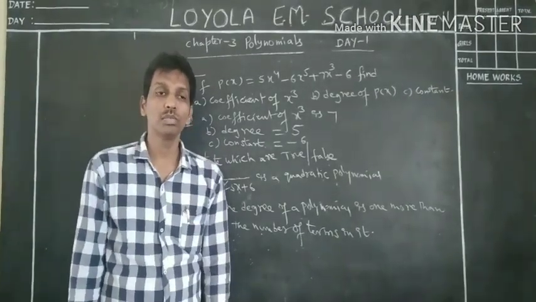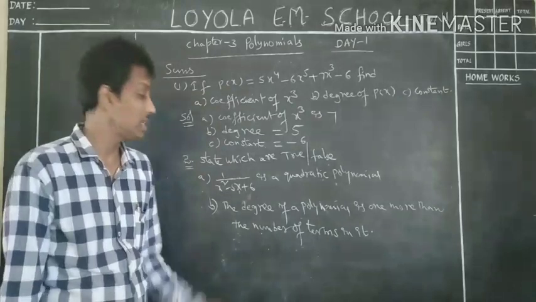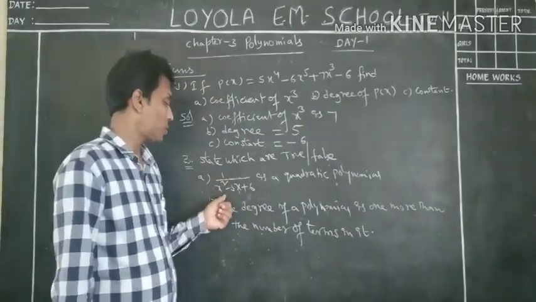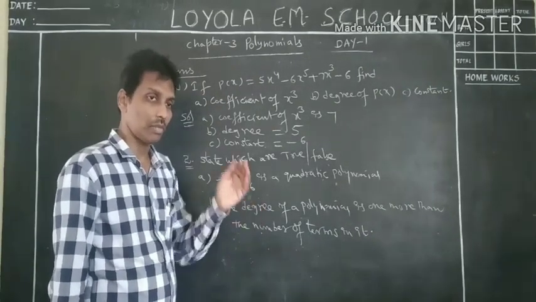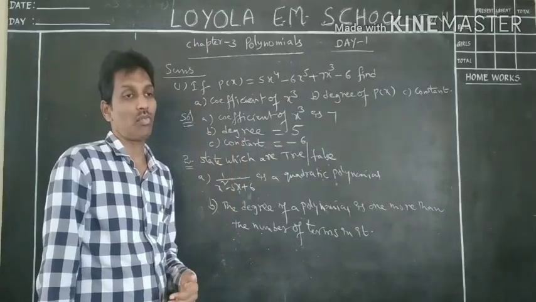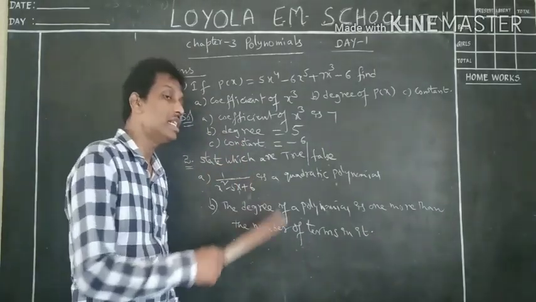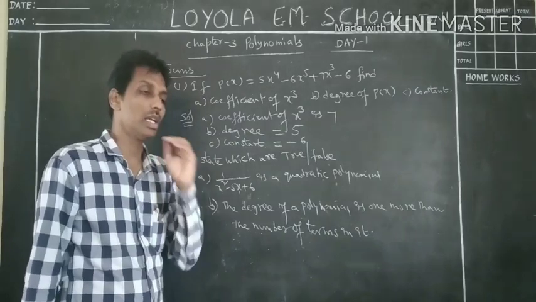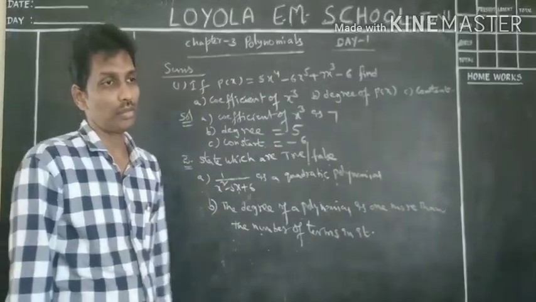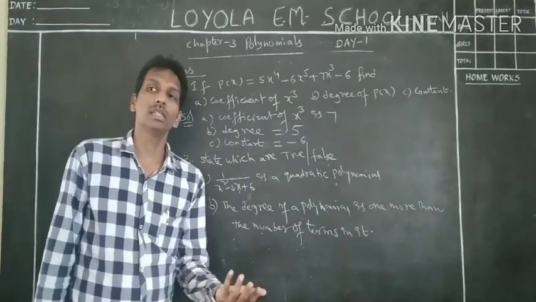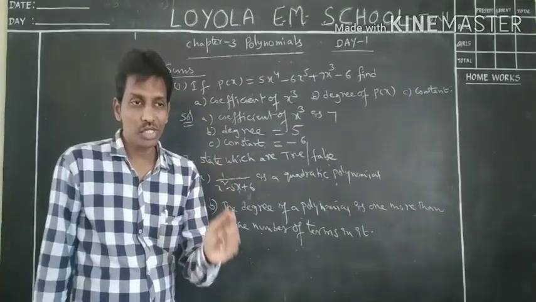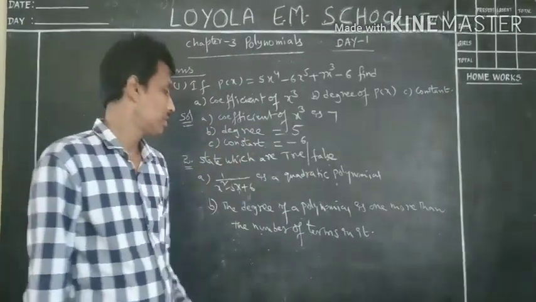Is it true? Some of the students are saying it is true. How is it true? Actually, x square minus 5x plus 6 is an example of a quadratic polynomial. When the entire polynomial is given in a fractional form, 1 by it, it is not a polynomial first of all, because we know the definition of a polynomial: an algebraic expression which is a combination of constants and variables with positive integer powers.